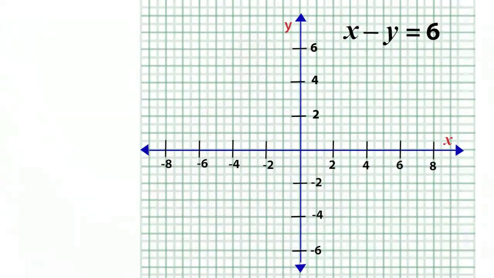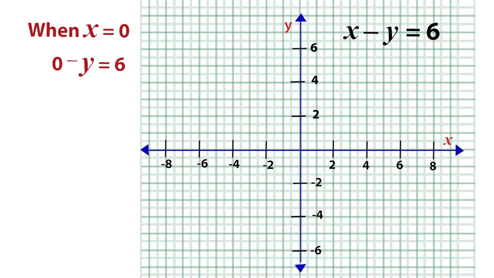Now, for the second equation, which is x minus y is equal to 6, we also let x equal to 0. And then we solve for y. So when x is equal to 0, we have 0 minus y is equal to 6. And that will give us y is equal to negative 6. So we have another point on the line being (0, -6).